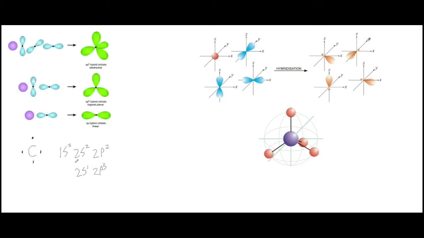And then what can happen is these electrons can become hybridized, so that instead of one 2s orbital and three 2p orbitals, we now have 4 orbitals that are defined as sp.